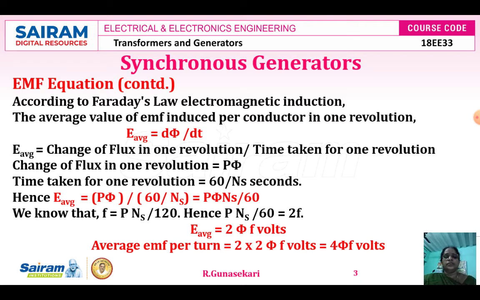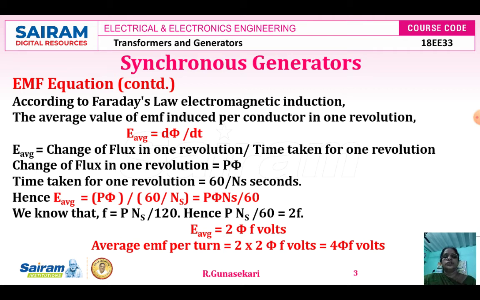Average is the average value. So average EMF induced per conductor, E average, equals dφ/dt, rate of flux linkages divided by dt only. So the average EMF is equal to the change of flux in one revolution per time taken for one revolution only. Where one revolution only we have to consider.